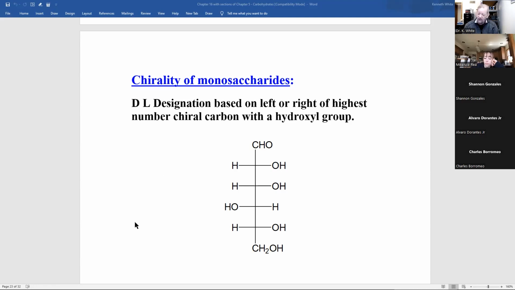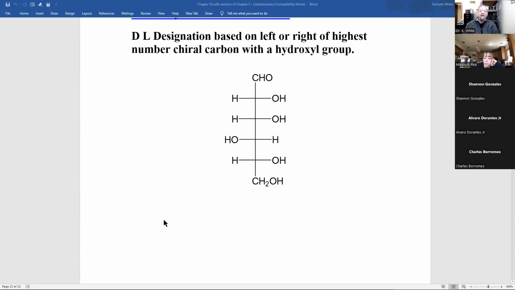And what you do is, and this will not be on the test, but for other classes you may need to know this, so I'm going to tell you about it. The chiral carbon with the highest number, if the hydroxyl group is on the right, is D. If it's on the left, it's L.